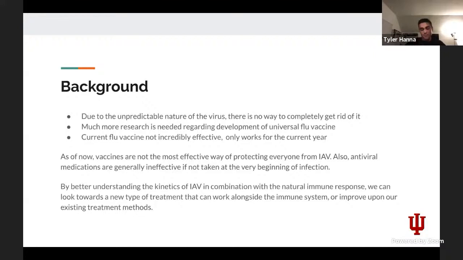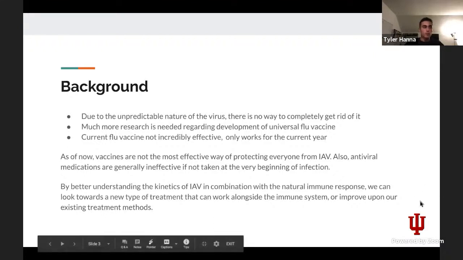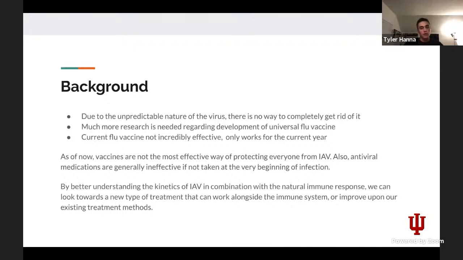Also, the current vaccine we have is not incredibly effective, as it only works for about a year. The purpose of this paper is to better understand the kinetics of the virus in combination with our immune response, so that we could possibly look toward a new type of treatment, or improve upon our existing antiviral treatments, maybe to better recognize an infection before it gets beyond the point of antiviral treatment effectivity.